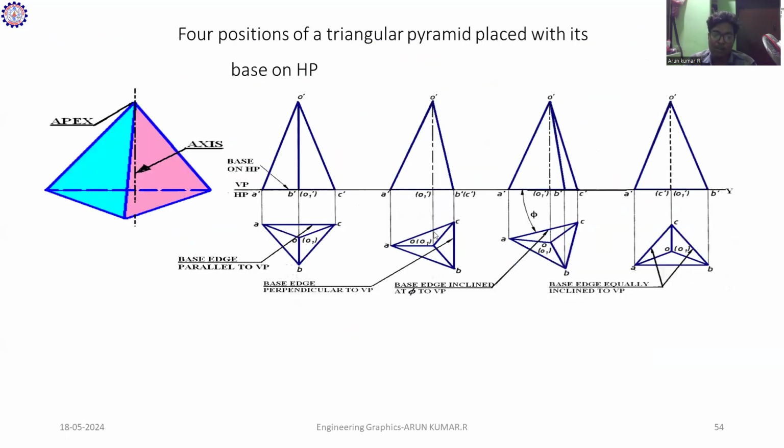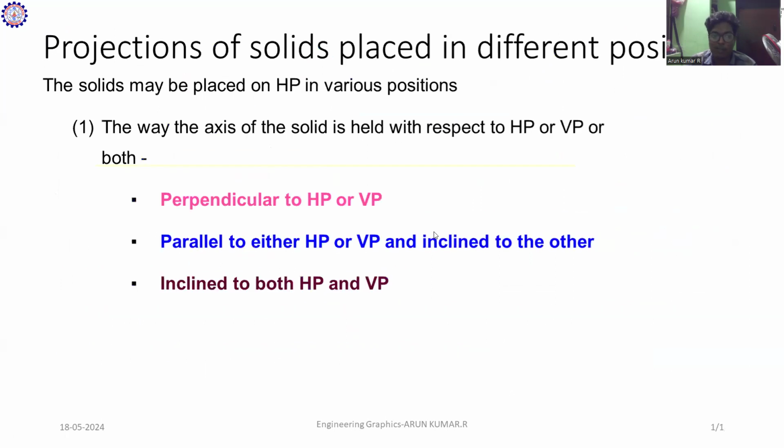Here there is a projection of the solid in different positions. If the solid is placed on HP, there is a horizontal line in the various positions. I have a simple representation for understanding purposes.